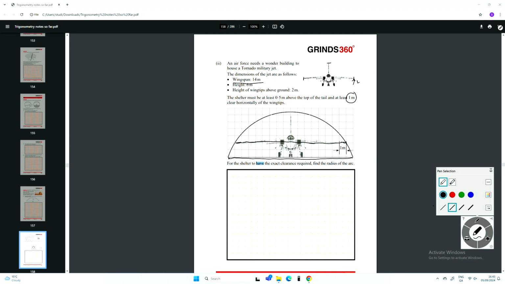What that means is that entire line there is 16 meters. So the red line across here is 16 meters: the wingspan of the jet, plus a meter clearance on either side. That's, if you like, the measurement that was like the 90 in the previous question. That's the span of the shape I'm going to deal with.